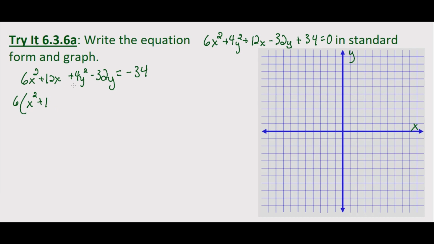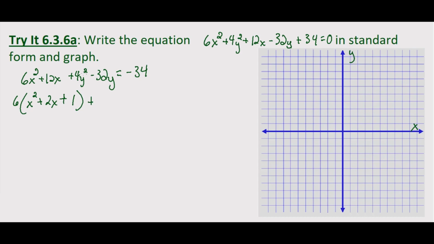I didn't factor out the 6 from our 12x. 6 times 2x is 12x. And then complete the square with that. 2 divided by 2 is 1. Squared is 1. So we have x squared plus 2x plus 1. But remember, we're going to need to add 6 to the other side. We're going to leave room for that eventually.